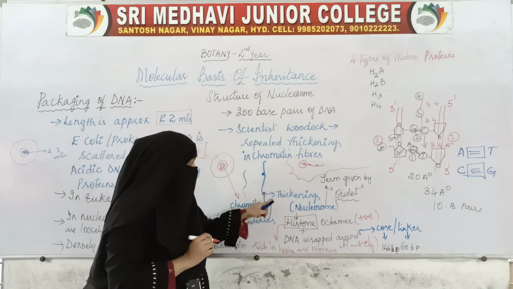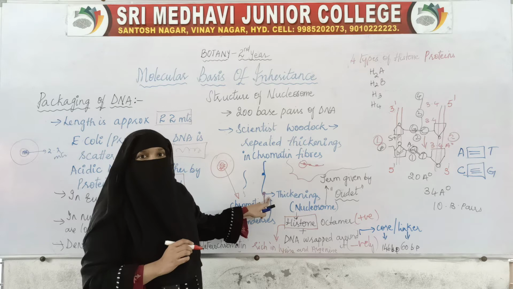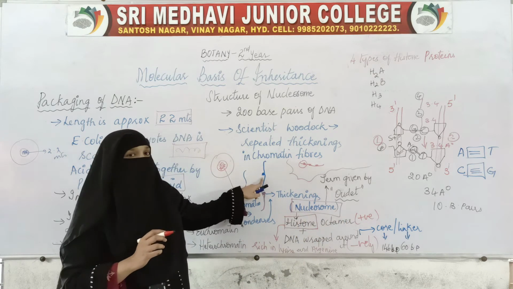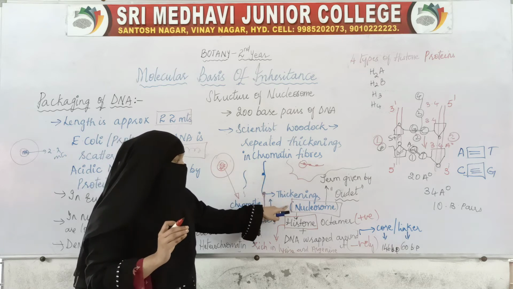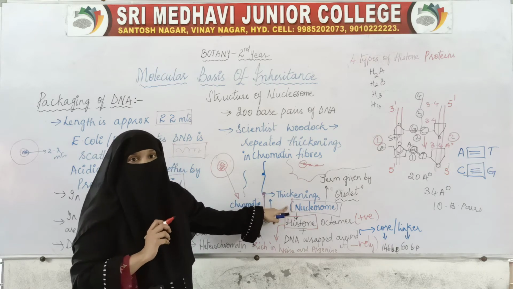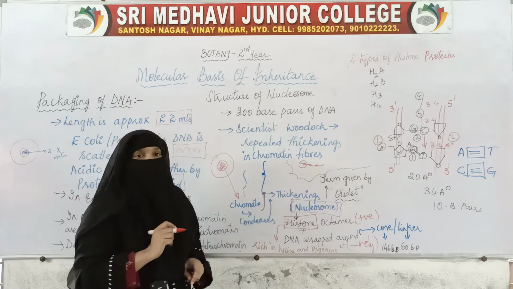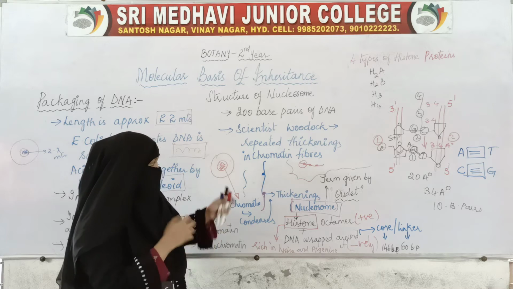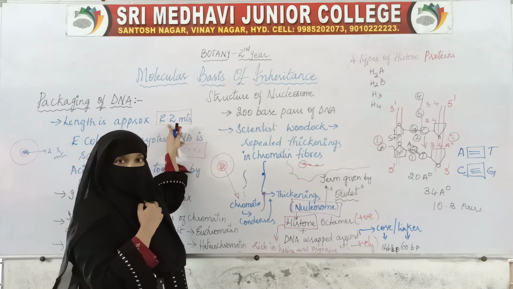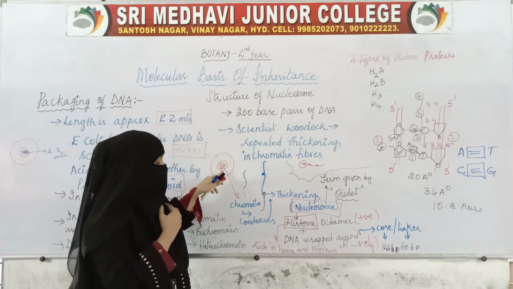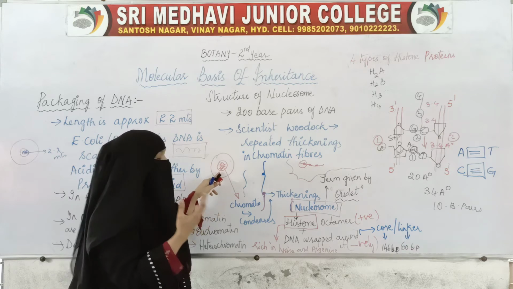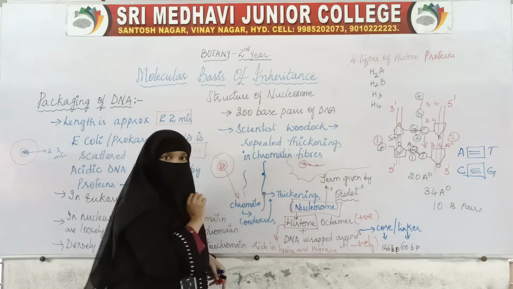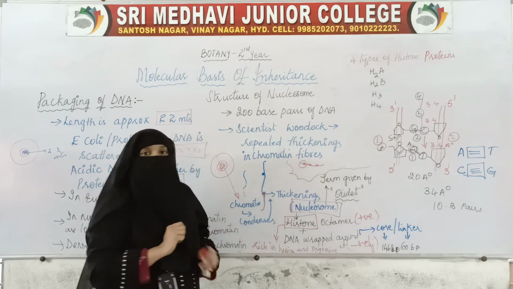This thickening is a condensed chromatin, which we call the nucleosome. This large 2.2 meters of genetic material, when it is in the resting stage, is the chromatin. When this chromatin condenses, it forms thickenings. These thickenings are called the nucleosome.